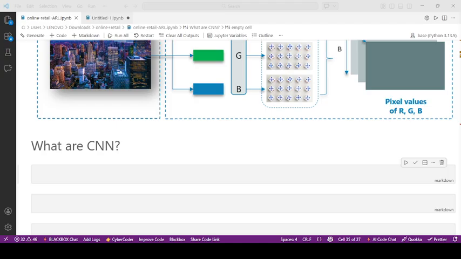So convolutional neural networks are like neural networks only, as we have seen in the previous session, which are made up of neurons with learnable weights and biases. We have seen this already in the previous two sessions. So we have weights and biases, which are going to be used for the calculation.